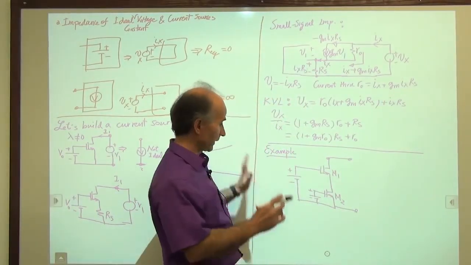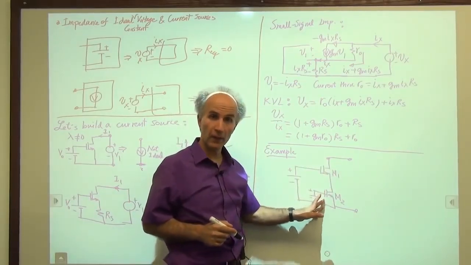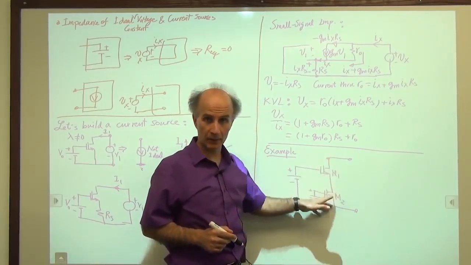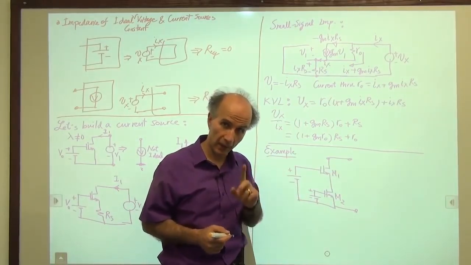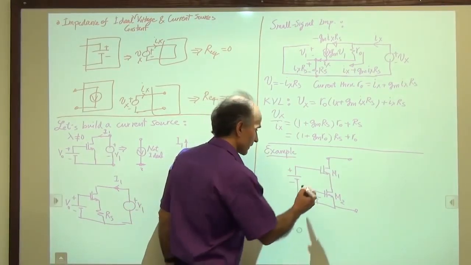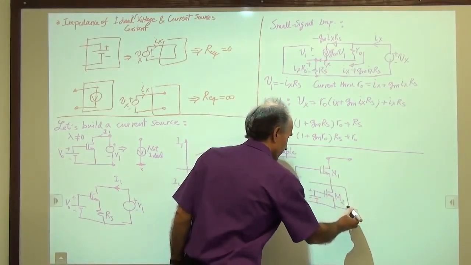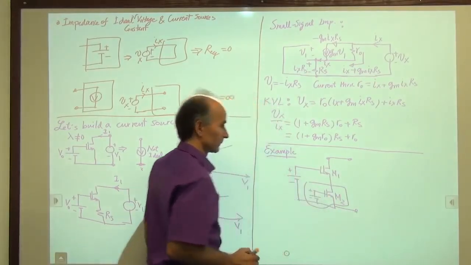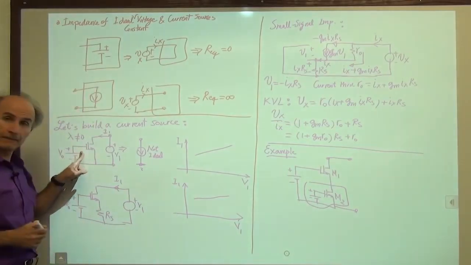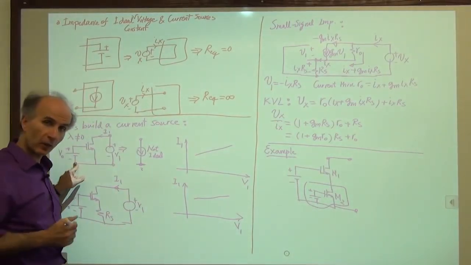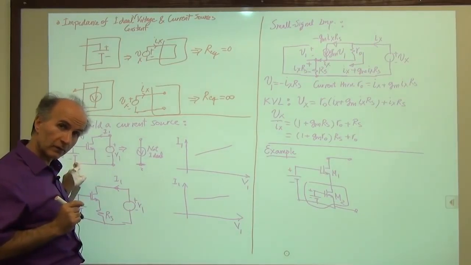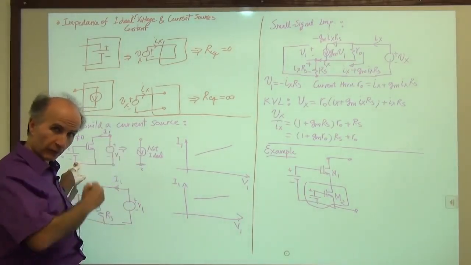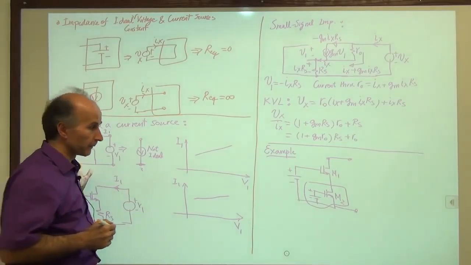Now you look at it and say, oh my God, I have two transistors. I have to draw the small signal model of this, small signal model of this, and solve it. You could do that, but you don't have to. Because what we do remember is that this little box here, which is this little box here, can be represented by one resistor equal to RO of the device, assuming that, of course, all of these are in saturation.